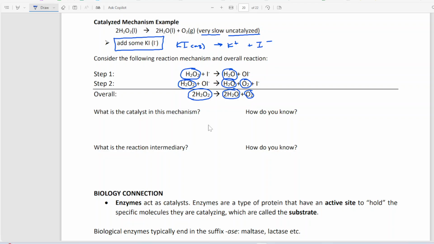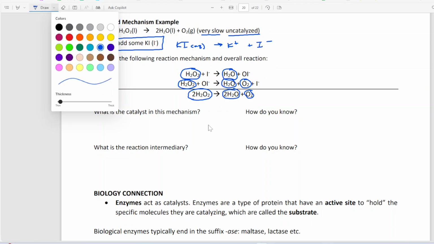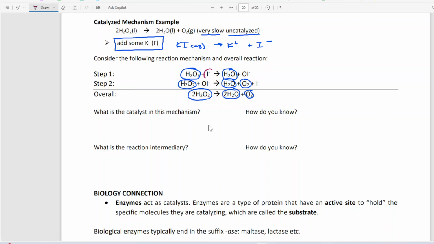So how do we tell which one's which? Well, we've got this iodide ion that came in with the potassium iodide. It's introduced into the system as a reactant, but then it comes out later as a product, which makes the iodide ion a catalyst. How can you tell? It's introduced as a reactant and comes out as a product.